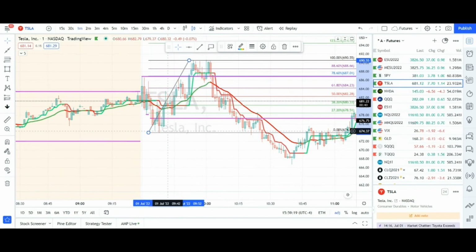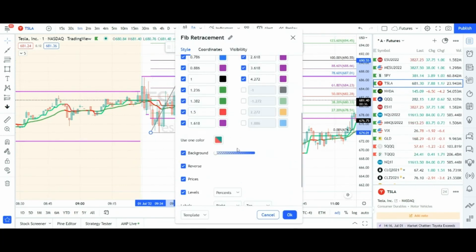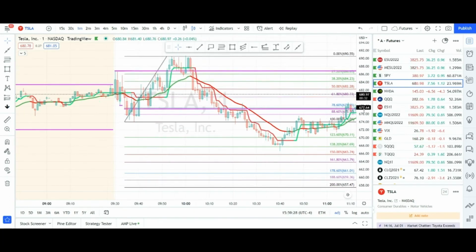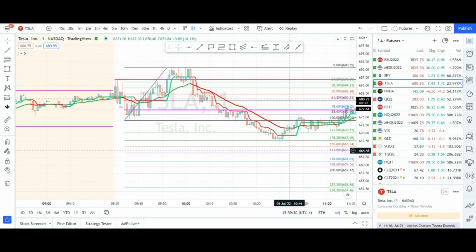And came down to which level? We'll just see. Okay, 138.2. This time it didn't reach 161.8. But at least you have this such that red is changing color to green. You can get out from the trade even with the profit.